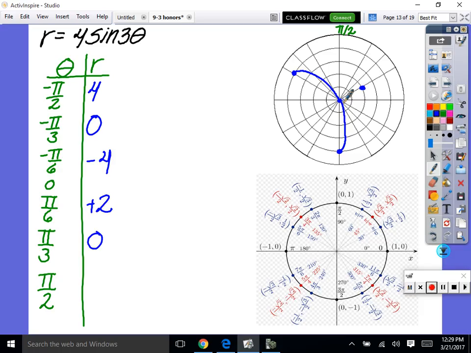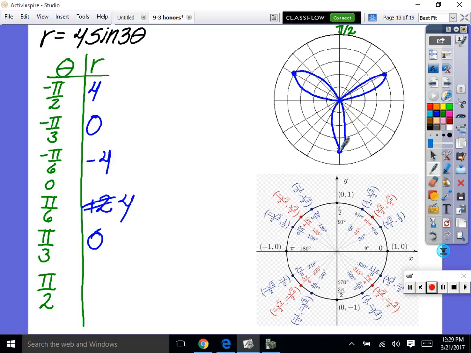Okay, right here? This was 4? Okay, so we're at 1, 2, 3, 4. So then it's going like this.